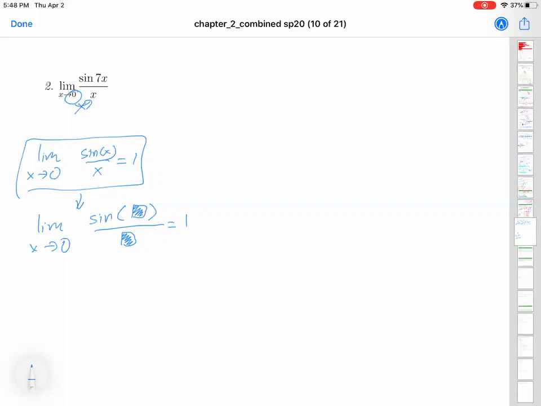So let's go back to our problem. Here, when x goes to 0, you have sine 7x. And in order to use this special limit, you need to have 7x in your denominator, right?